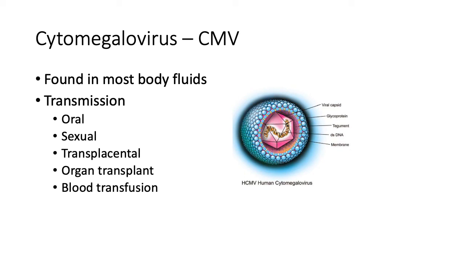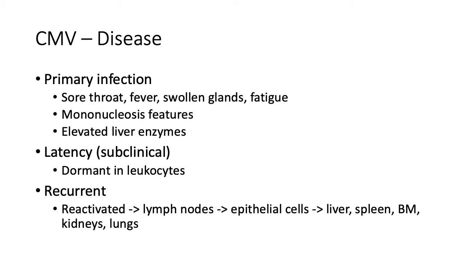Infections from organ transplant and blood transfusion is also possible. The symptoms of primary infection with CMV is very similar to mononucleosis and is characterized by sore throat, fever, swollen glands, and fatigue. Liver enzymes are frequently elevated.